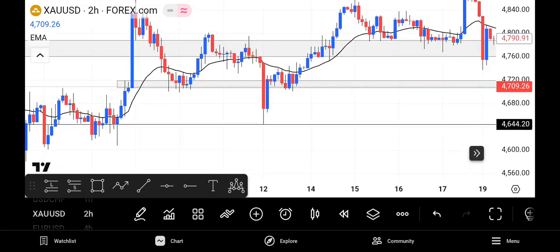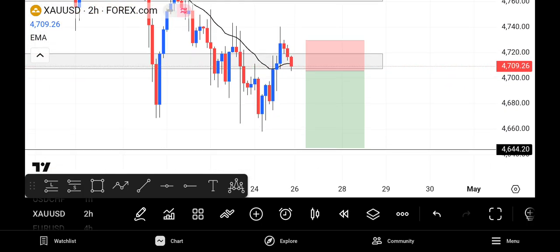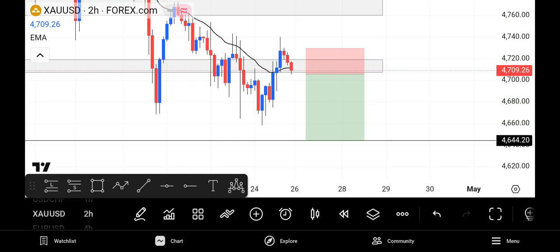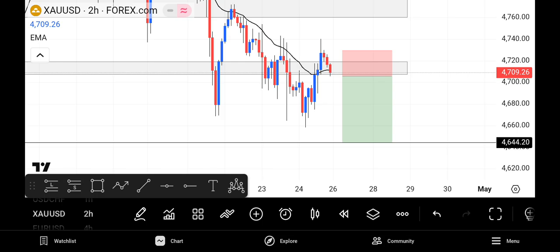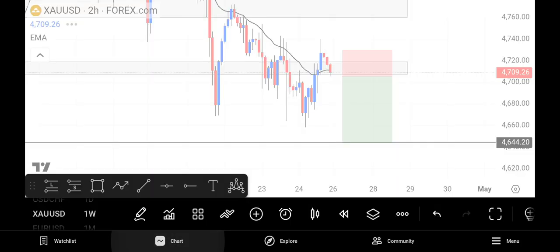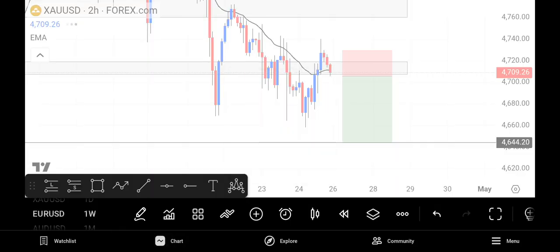So this is the point where I use to take a trade, and you can see exactly that's where my take profit point is. That's all for gold. So, go to the next pair. The next pair will be Euro USD.